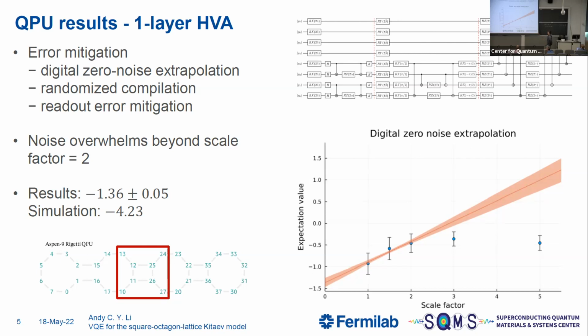Unfortunately, with all this mitigation, we can see that the result is still far away from what we can get from simulation. The result we get is minus 1.36, and the simulation actually has a much lower value. So this is really telling us that the error mitigation we apply is not sufficient to mitigate the infidelities exhibited in the device.